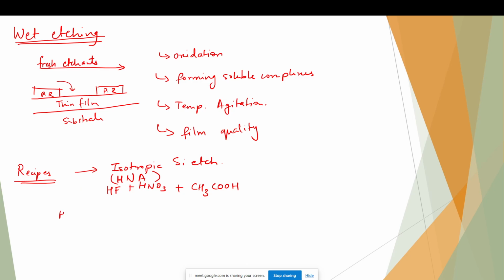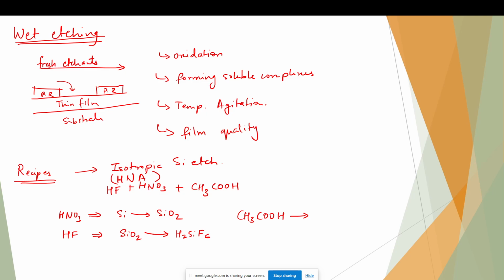As I said, HNO3 oxidizes silicon to SiO2, then HF makes SiO2 change into the complex H2SiF6, and CH3COOH acts as a solvent, but it also has a role in reducing the ionization of nitric acid.